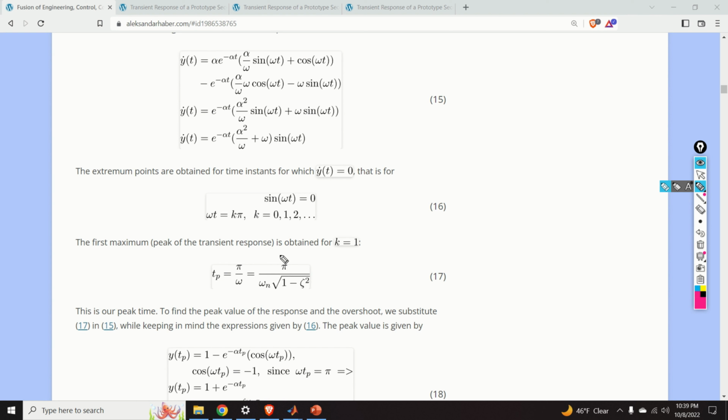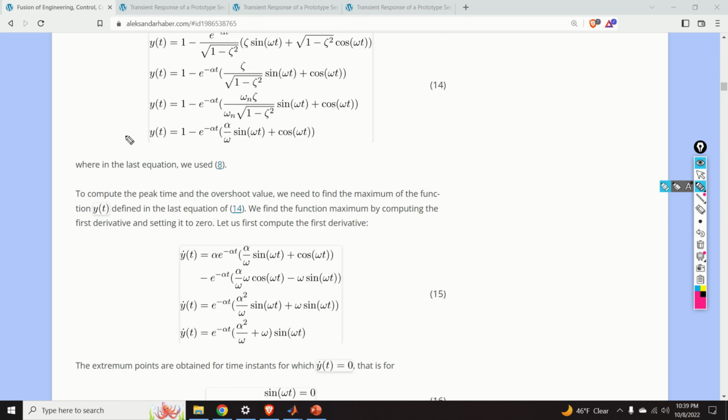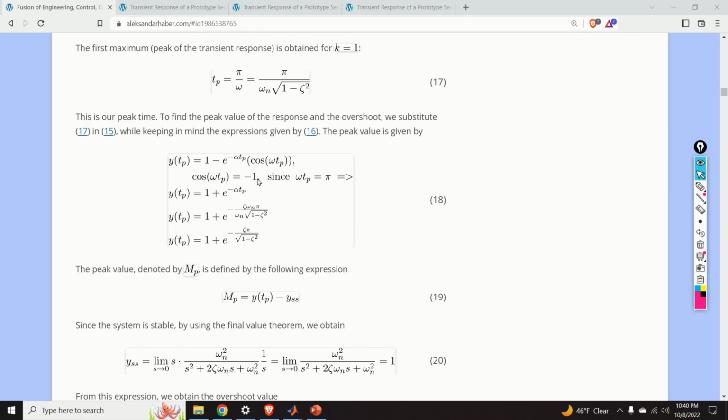Basically, the maximum or the peak of the function can be found by substituting the Tp in our starting equation. And our starting equation is given over here. By performing this substitution, we can obtain this equation over here.